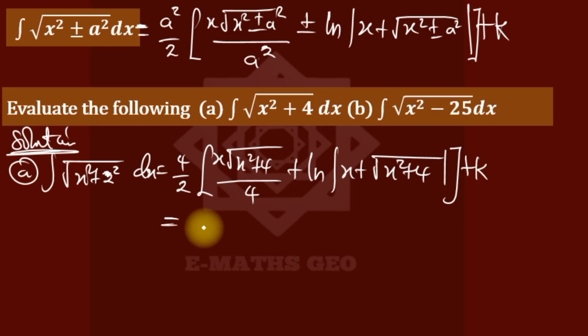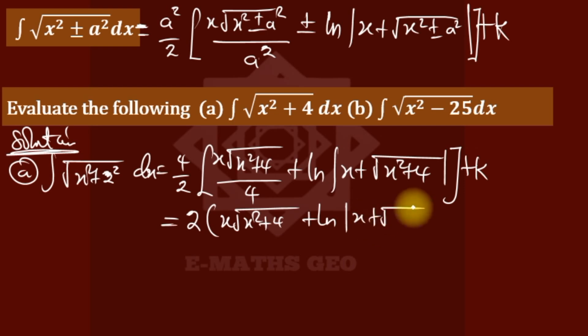So the answer is 2 times the bracket x times the square root of x squared plus 4 over 4, plus ln of x plus the square root of x squared plus 4, plus k. So that's the answer for the first one.